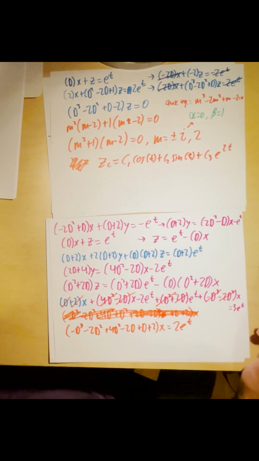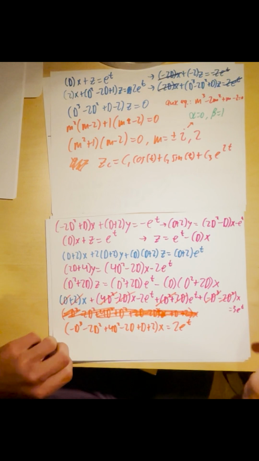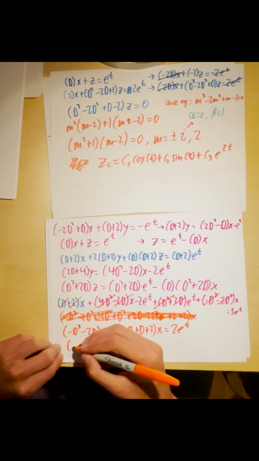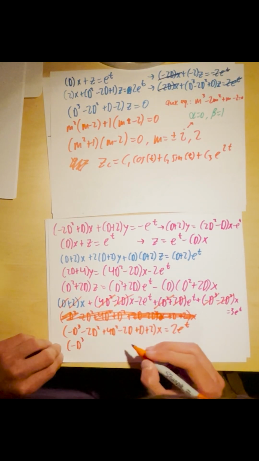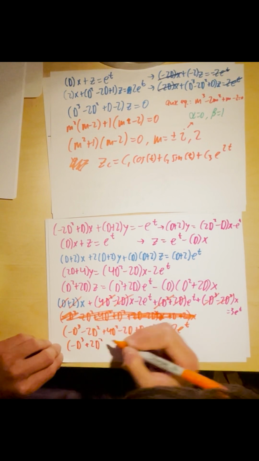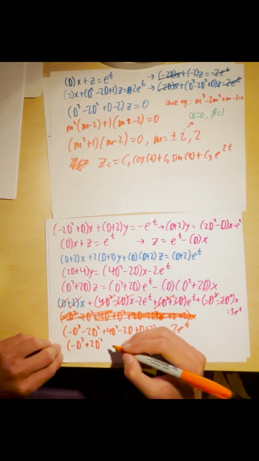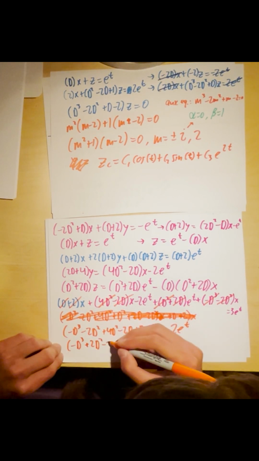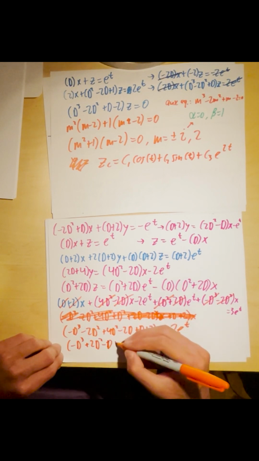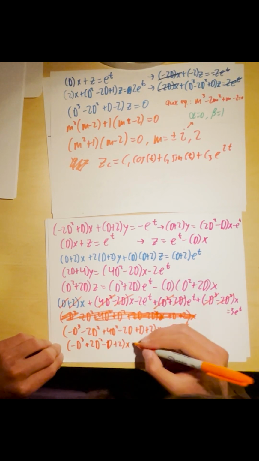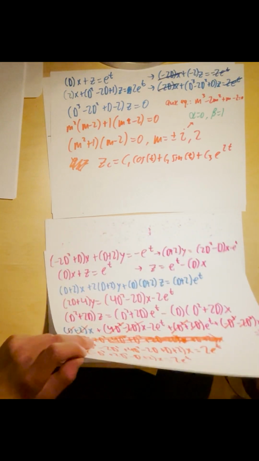Now we can do some simplifying. We will find negative d cubed plus 2d squared minus d plus 2 times x equals 2e to the t.